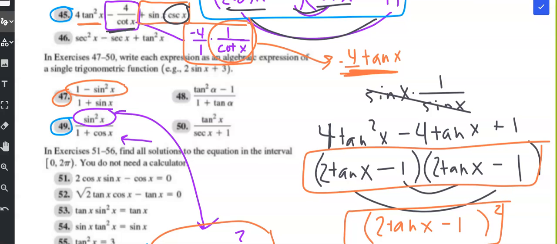So the purple box here, minus 4 cotangent, I separated that into minus 4 over 1 times 1 over cotangent x. Then I looked at this, the 1 over cotangent x, and said, hey, I'll replace that with just tangent x. So now that middle term is minus 4 tangent x.